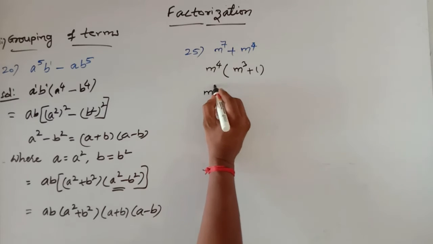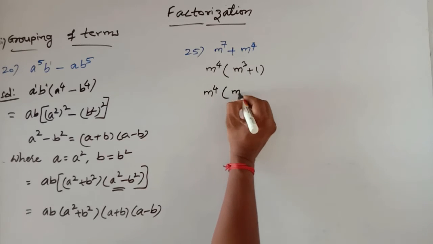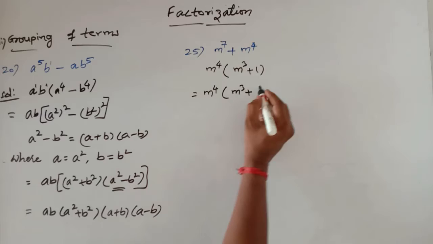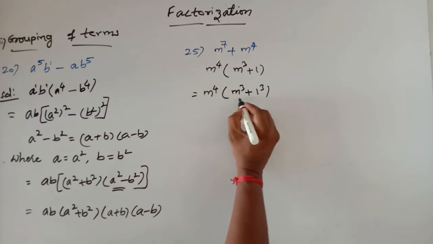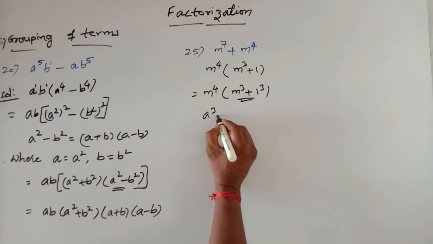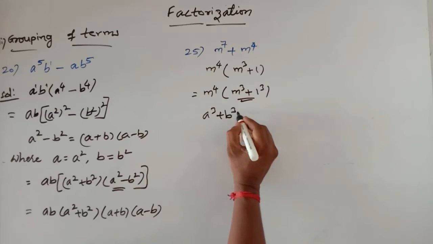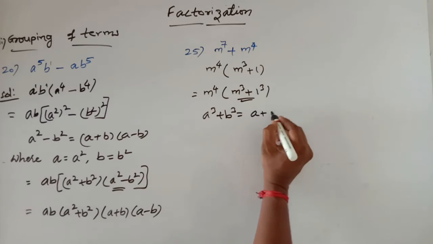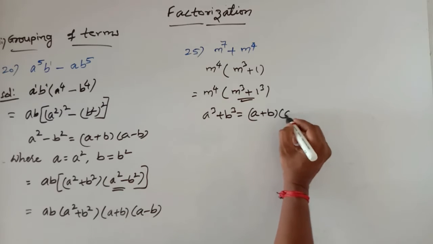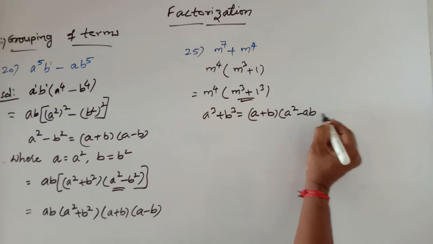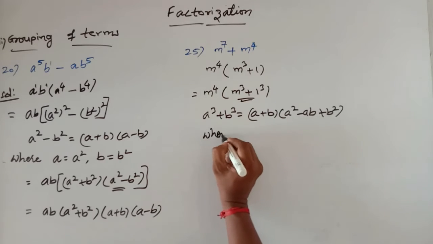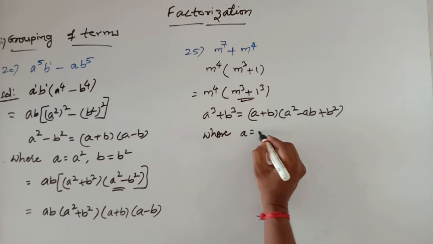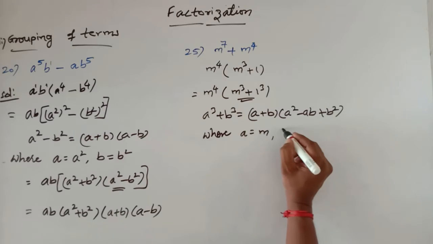Now it is equal to m cube plus 1 cube, and 1 cube value is equal to 1. So here now this is in the form of a cube plus b cube is equal to a plus b into a square minus ab plus b square, where a equal to m, b equal to 1.